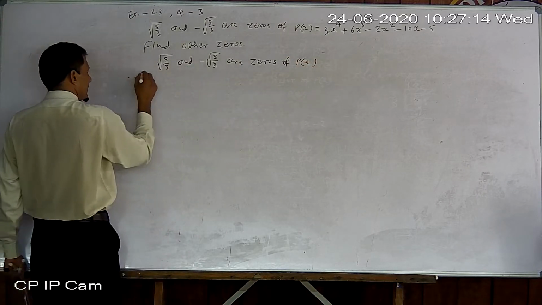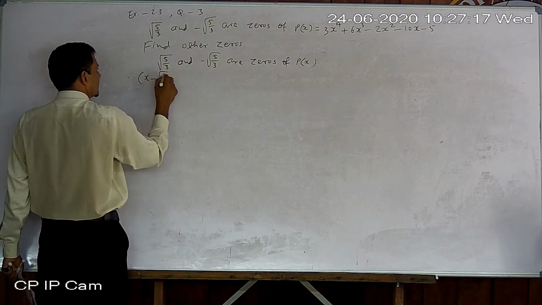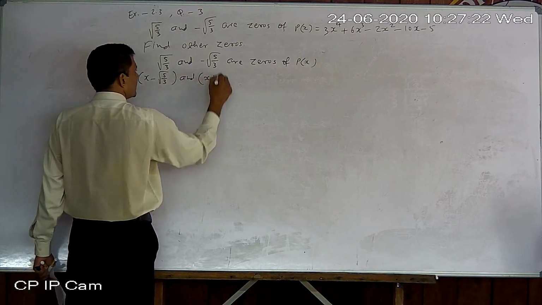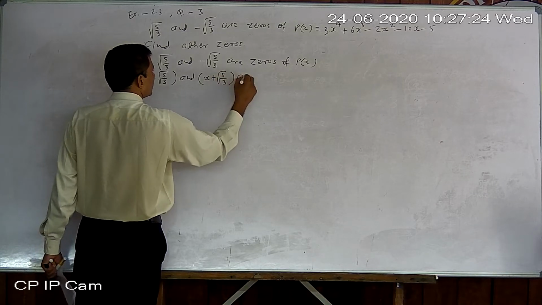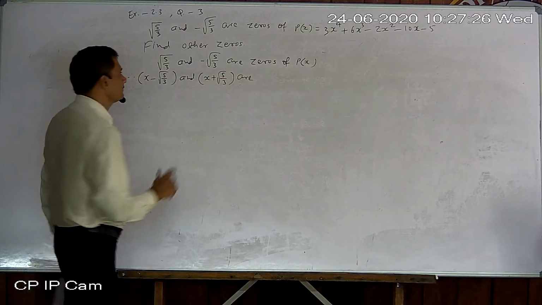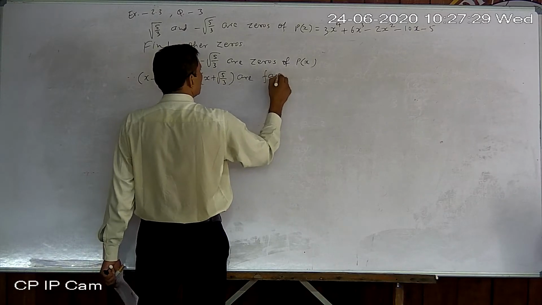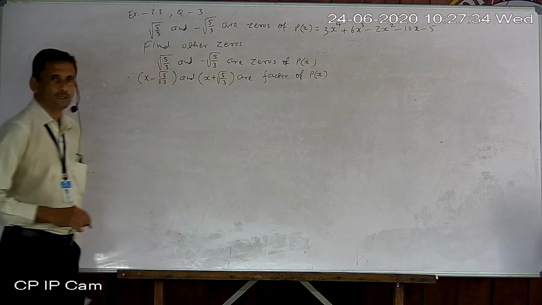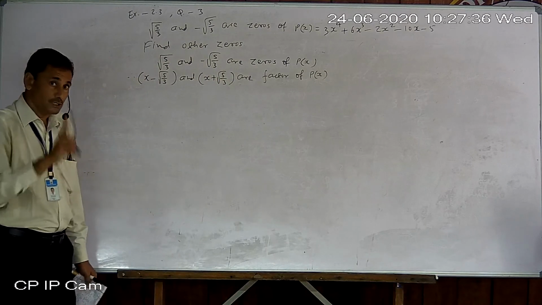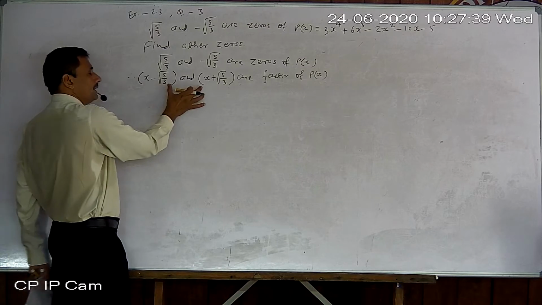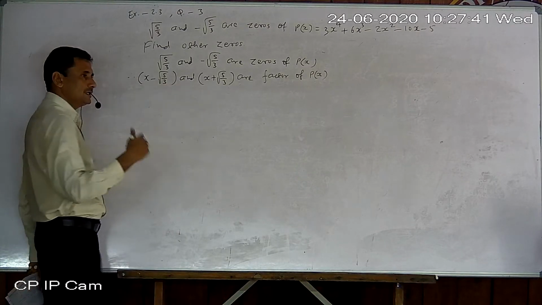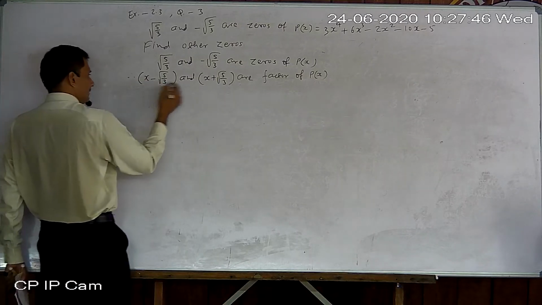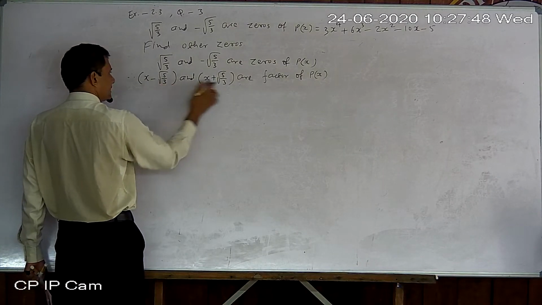Therefore, we can write x minus under root 5 by 3 and x plus under root 5 by 3 are factors of p of x. In earlier example number 9, we multiplied both factors, so the resulting product is also a factor of the given polynomial. So just multiply them: a minus b, a plus b.